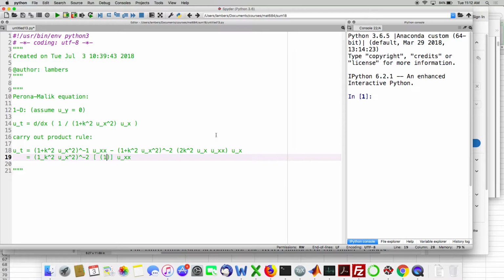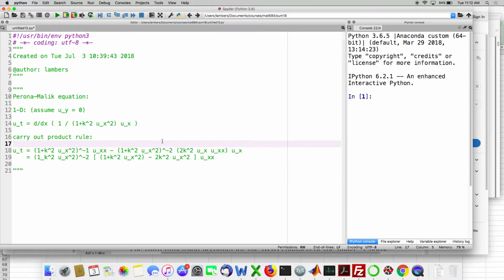So then I have 1 plus k squared ux squared to the first power minus 2, and this part here, I already factored it out, so it's not here anymore. Okay, minus 2 k squared ux squared.